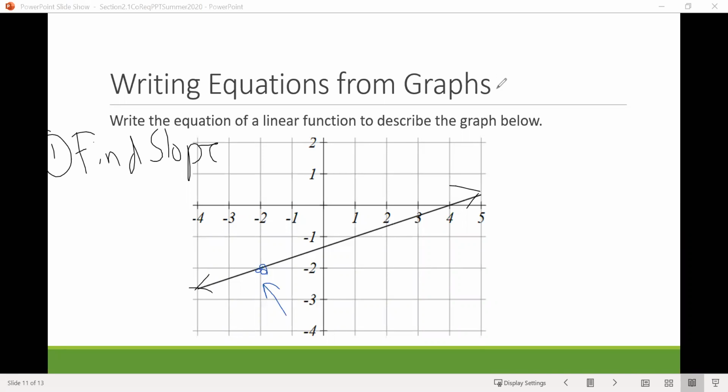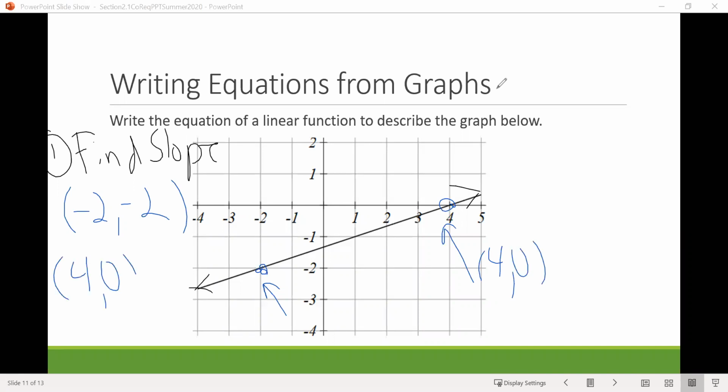So for example, this one right here looks like the graph passes through a nice point at -2, 2. And this one right here also looks like it's 4, 0. Then we can find our slope using those, with y2 minus y1 over x2 minus x1.